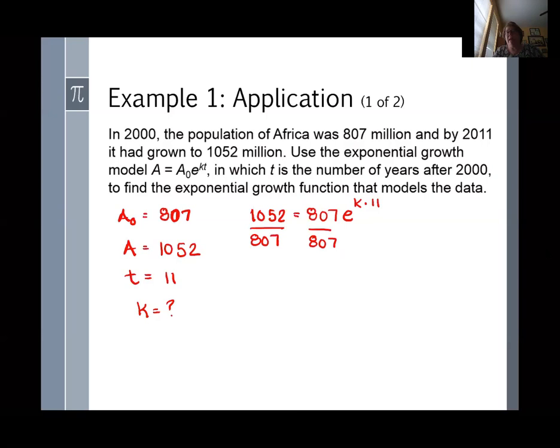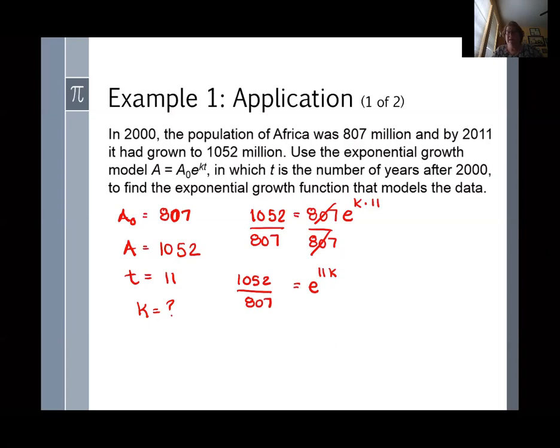On the right-hand side of the equation, the 807 cancels, and I'm left with e to the 11k. Just going to use the commutative property of multiplication to rewrite that. And on the left-hand side, I'm going to leave this as that division. I'm not going to go ahead and divide that out and get a decimal approximation yet. So I'm going to leave that as 1052 over 807.